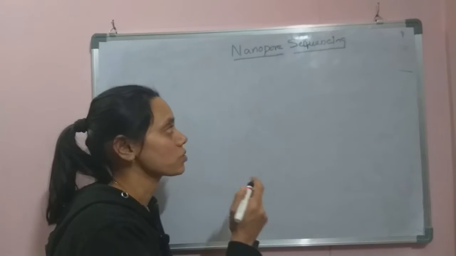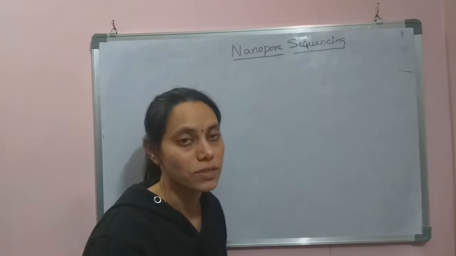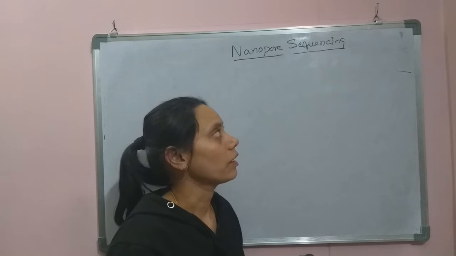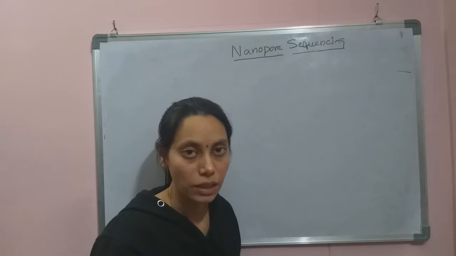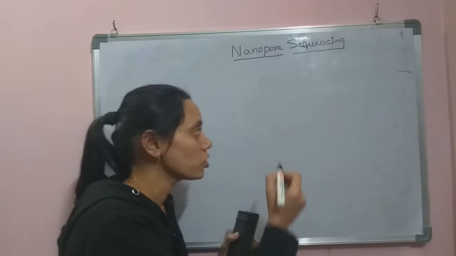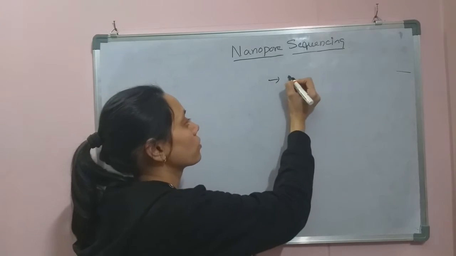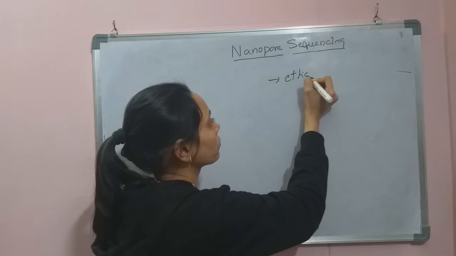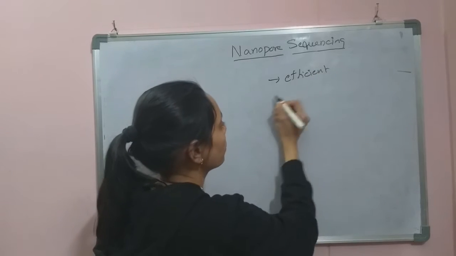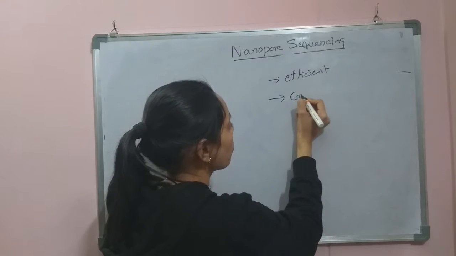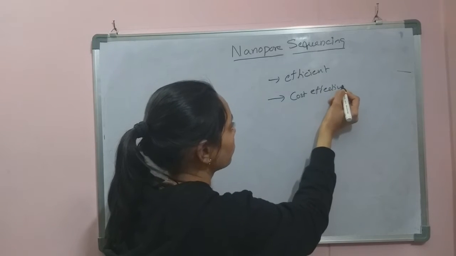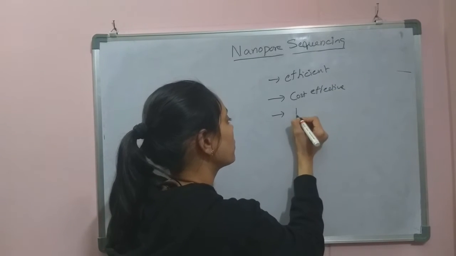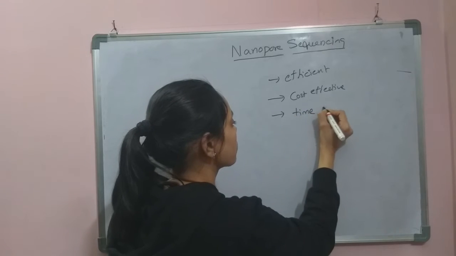So coming to the first point, what exactly nanopore DNA sequencing is. Basically, nanopore DNA sequencing is considered to be a third generation DNA sequencing technique. That means it is very much efficient, and also cost effective and time saving.